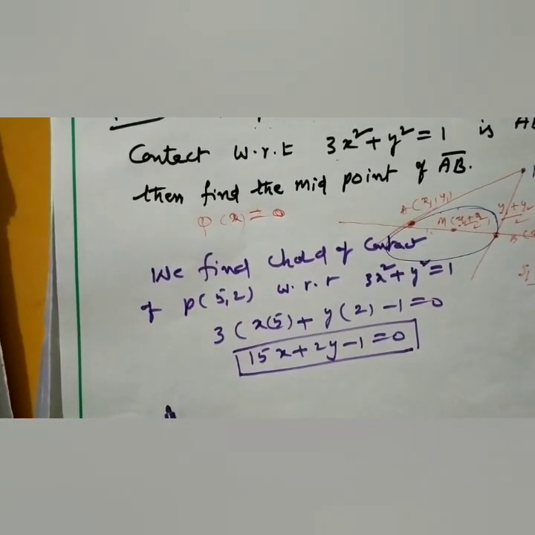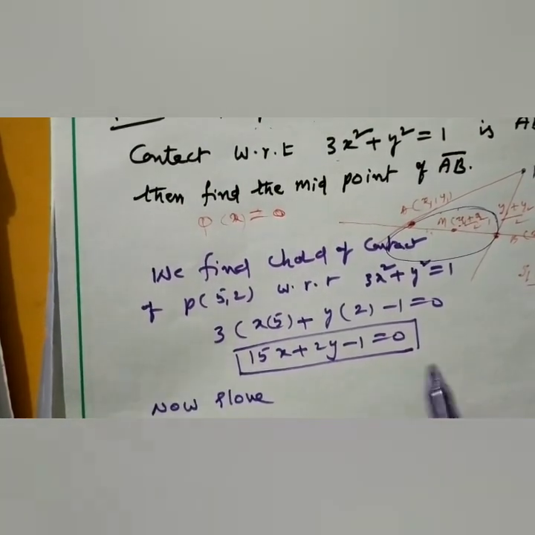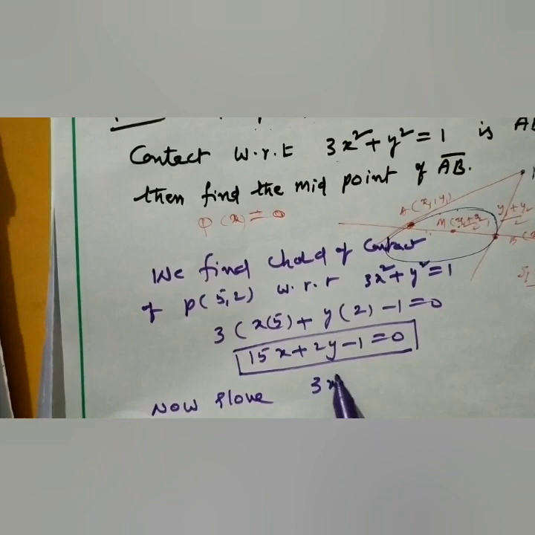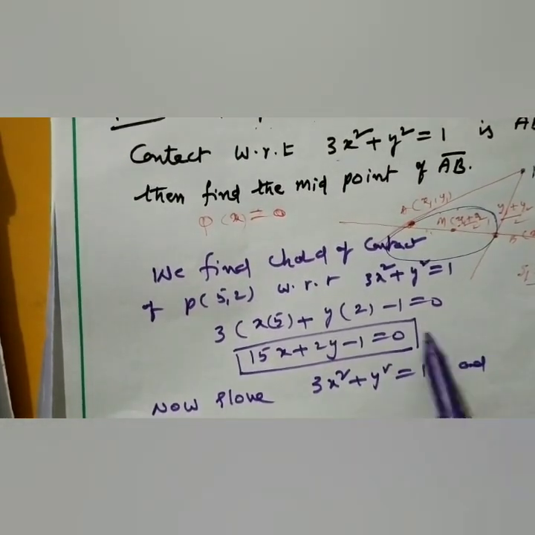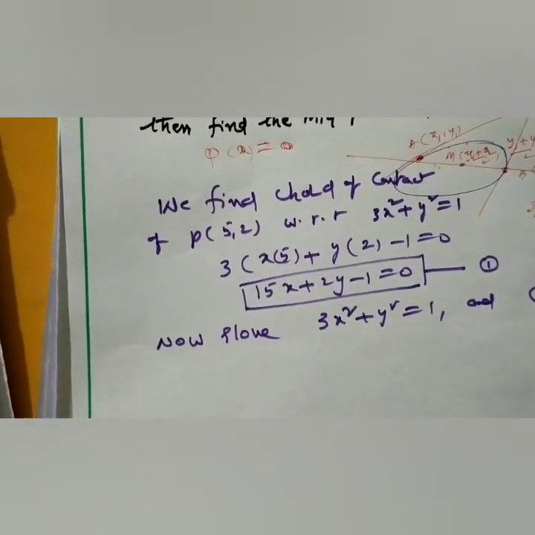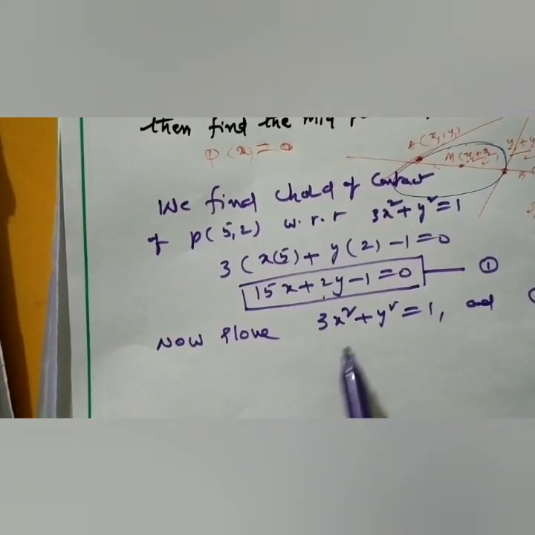So now solve the ellipse equation and this chord of contact. Solve the equation 3x square plus y square equal to 1 and the chord equation. To solve this, we substitute y in the given equation.